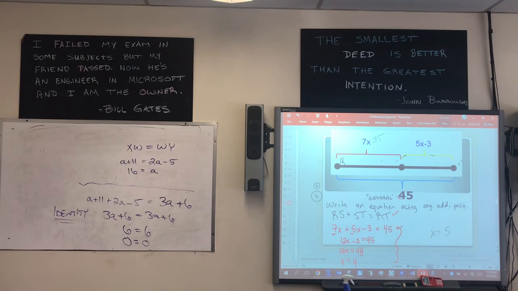If that's 35, what's this yellow segment ST supposed to be? It's supposed to be 10, right? If the whole thing's 45, then 45 minus 35 should give me 10. But if I plug 5 in, what do you get? 22, right? Are those numbers the same? Well, there's a discrepancy there, right?